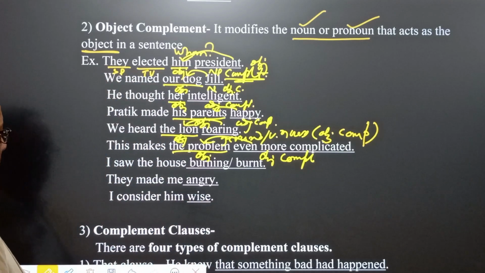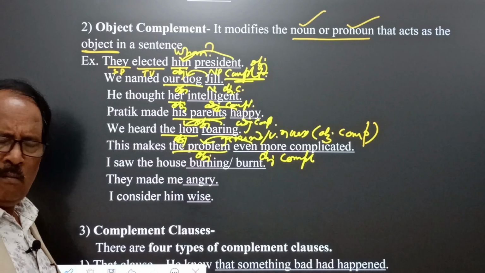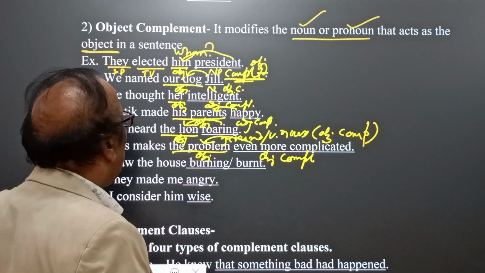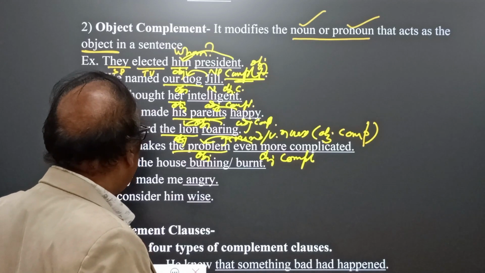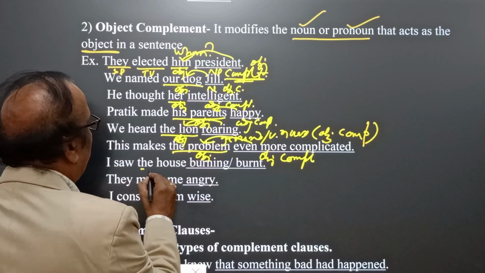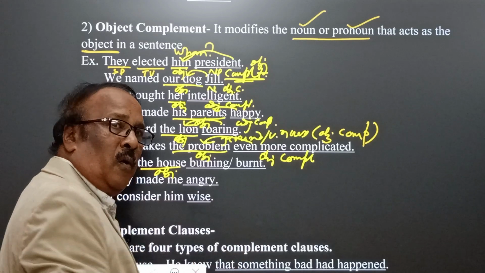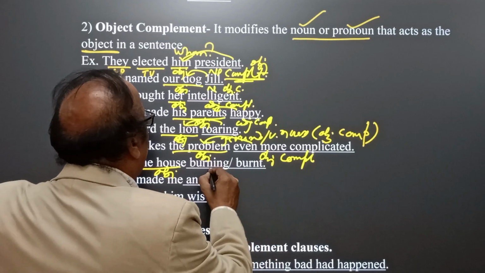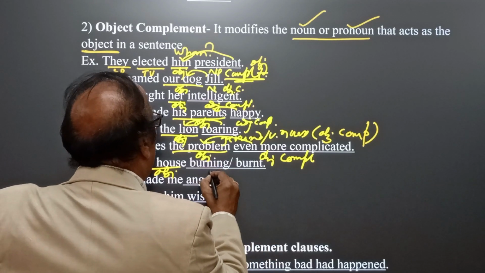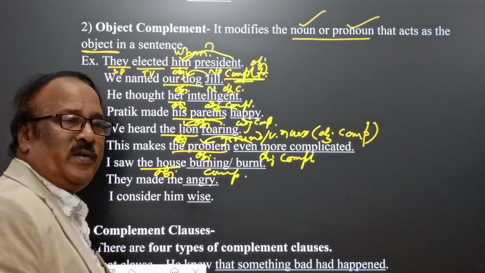What we find: I saw the house burning. Here we find the matter. I saw what? The house. The house is the object, and burning is what we call the complement. Here we find burning is the complement, or burnt.